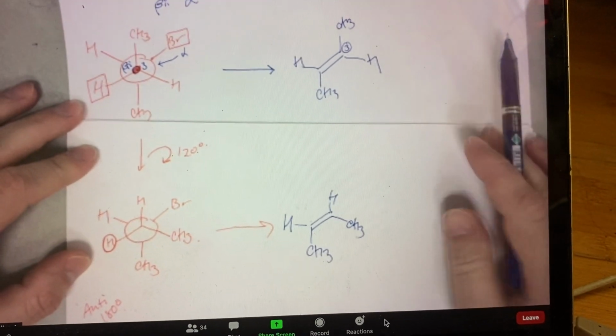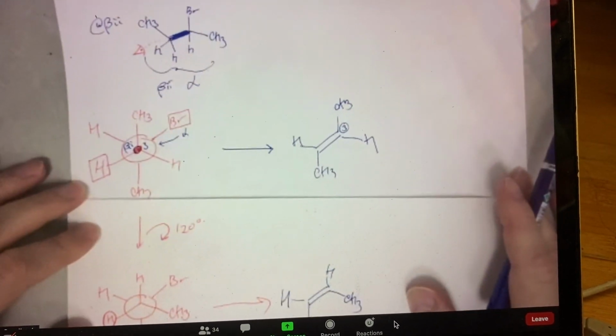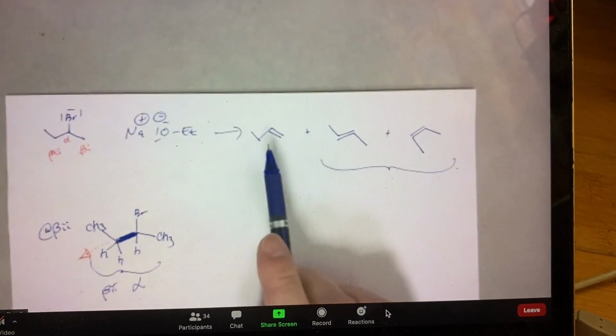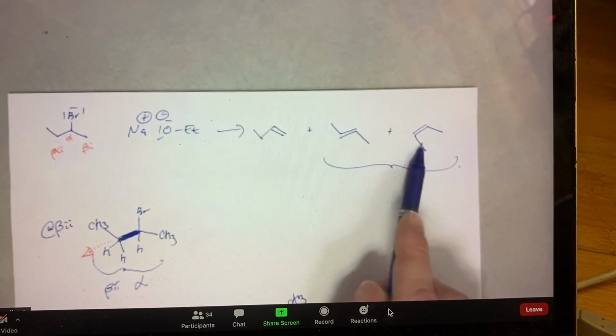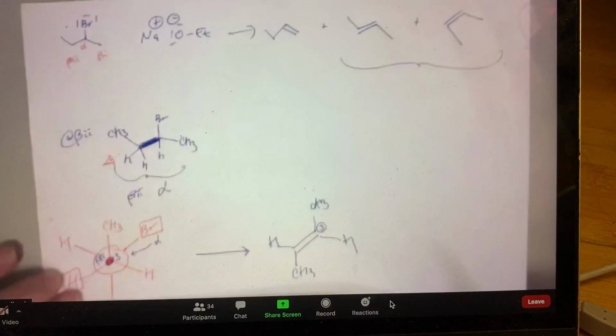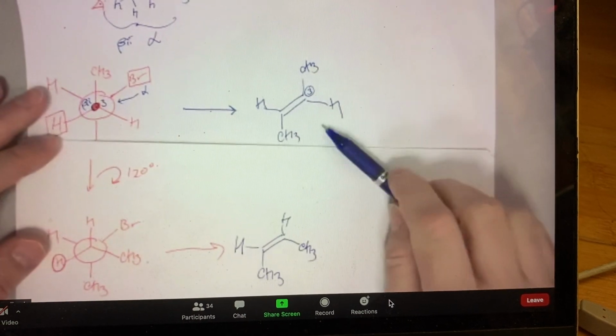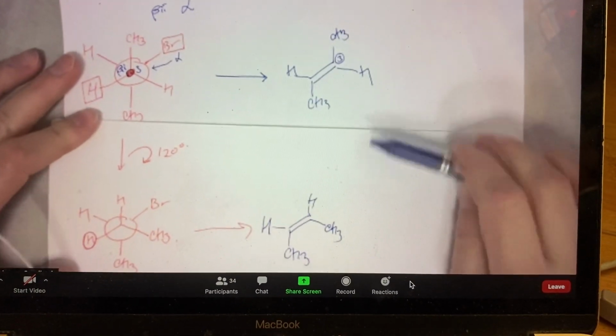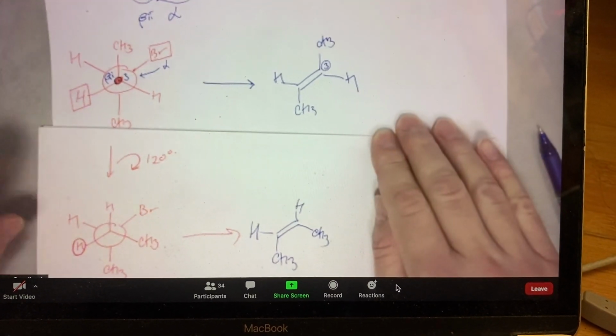So in this grand scheme of things, I'll put this right back in just 1 second. We make 20% of this and about 80% of these. These are more favored by Zaitsev's rule. They're more energetically stable. And Zaitsev's rule also said that trans alkenes were more stable than cis, or more likely to form than cis.